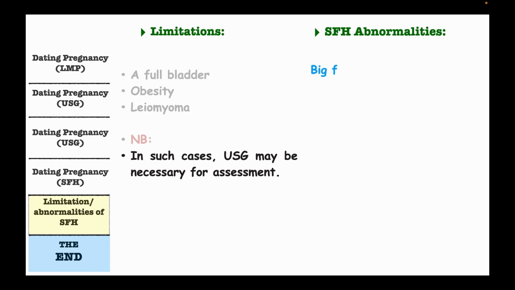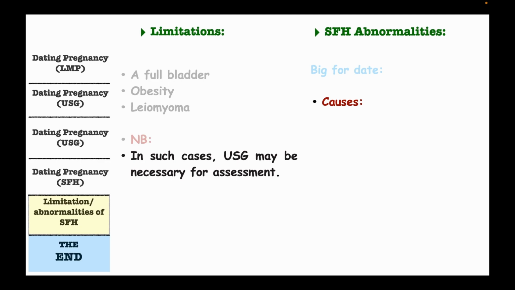When we look at big for date, what it means is that we have a symphysofundal height which is greater than the gestational age. For example, a gestational age of 24 weeks, but we take the symphysofundal height and it gives us about 28 or 30 weeks.